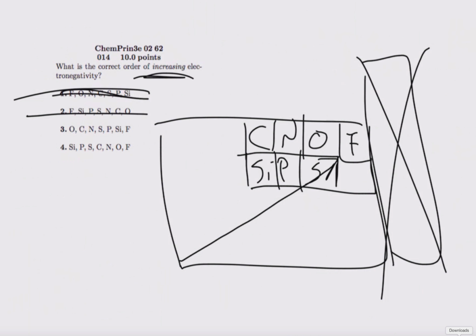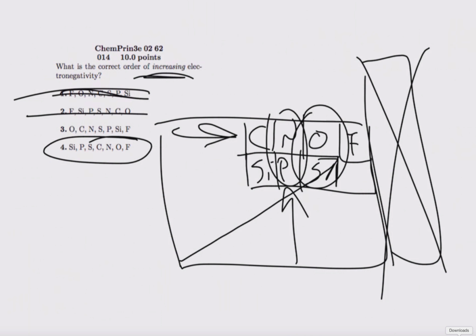They're all going away from fluorine. Which is farther from fluorine? Well, this row is closer to fluorine because the trend goes up in electronegativity as you move up in the rows. So the correct answer is the one that has carbon, nitrogen, and oxygen closest to fluorine.